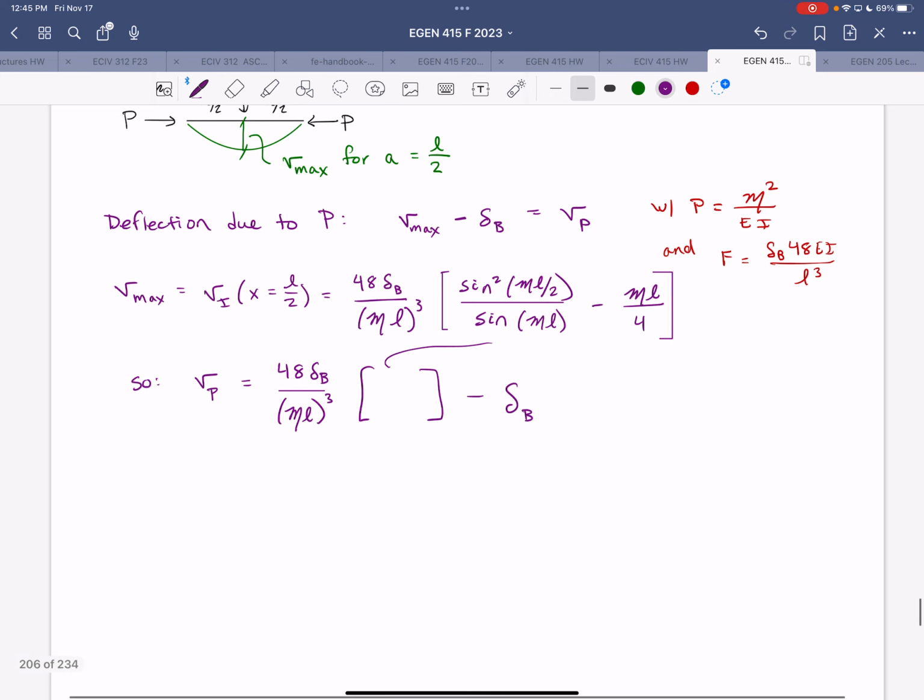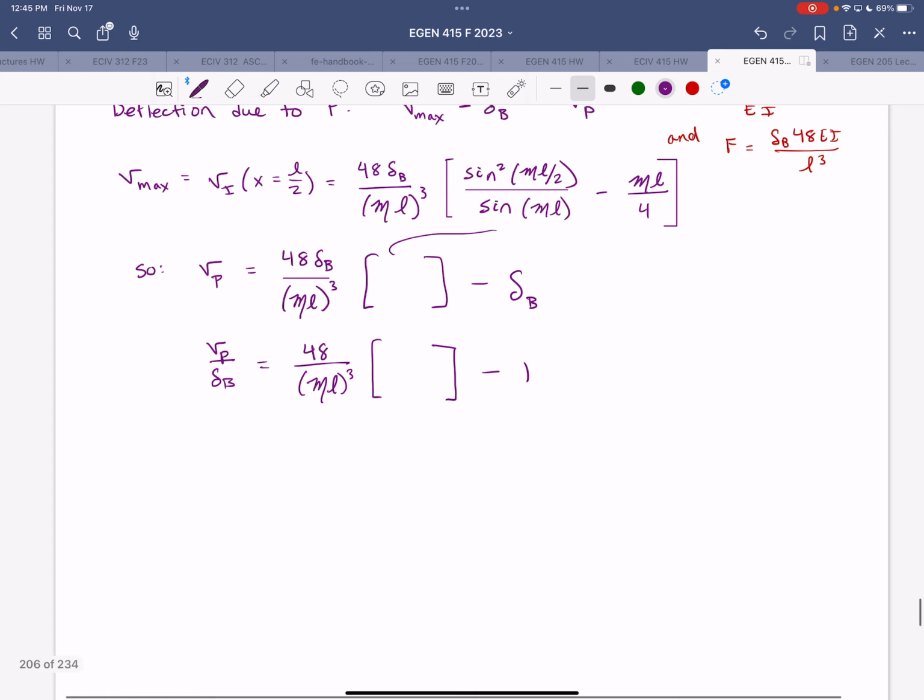If we divide both sides by delta b, we have 48 over ml cubed times that value in brackets, minus 1. And remember, we previously defined m squared as being equal to P over EI from before.